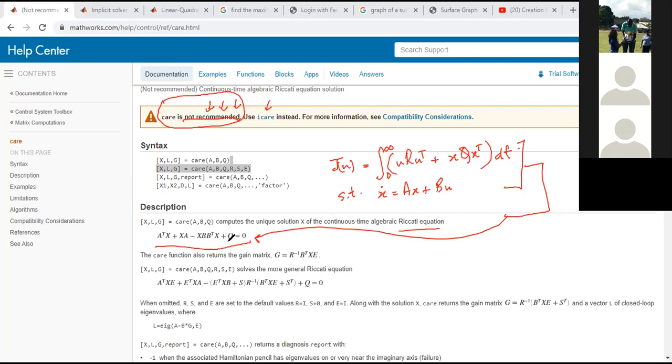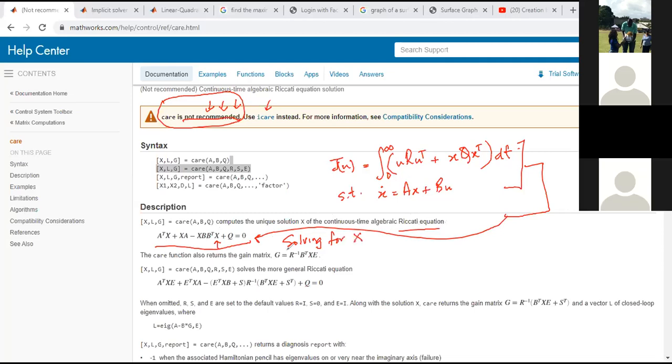So let me point out some things that we need to bear in mind. We're solving this equation for the matrix X. And then the gains, which they call G, or you can call K, are given by that function.